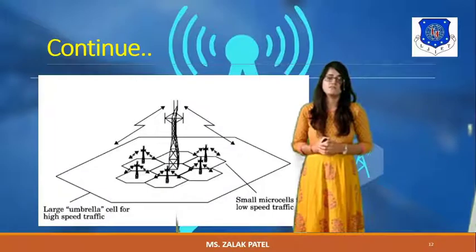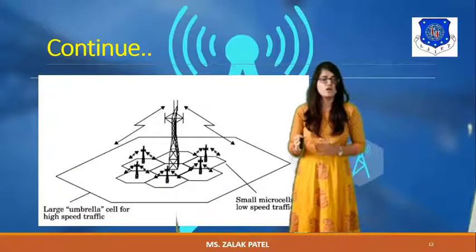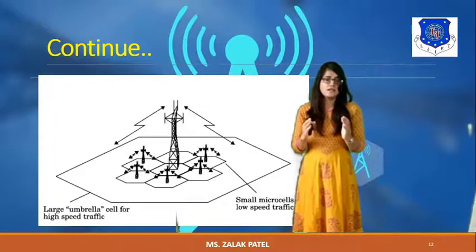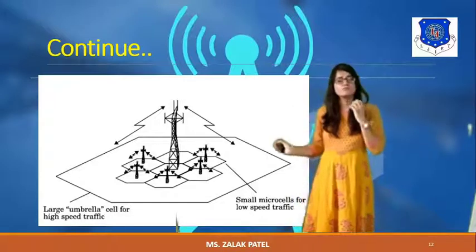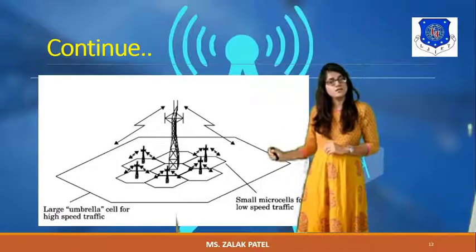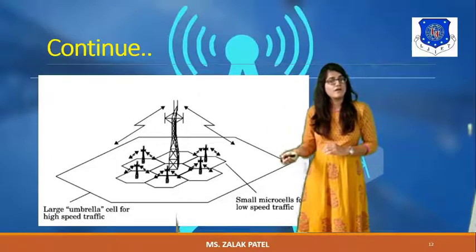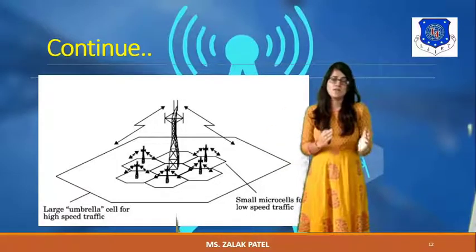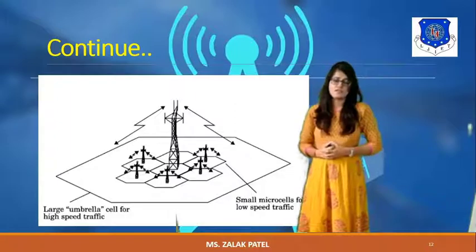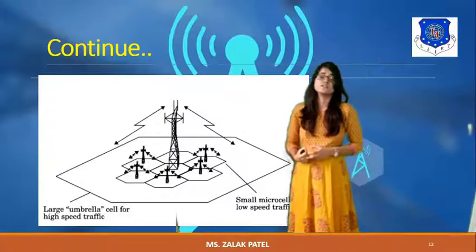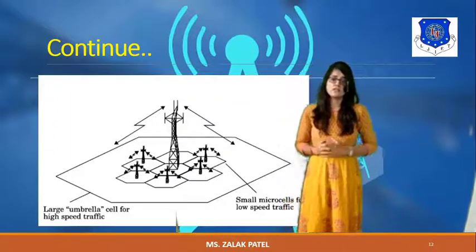At each cell we can say that the number of handoffs required for this umbrella cell concept is reduced. As the number of handoffs is reduced, the movement from one base station to another base station also reduces, and by using this concept channel utilization is more possible.